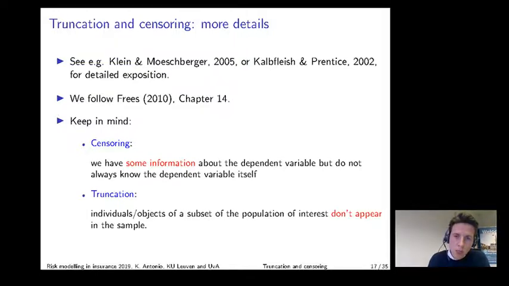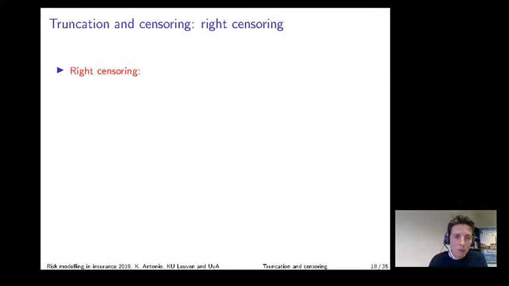With truncation, some individuals of a subset of the population of interest do not appear in the sample. For example, in the disability insurance setting, individuals in disability for whom the time in disability does not exceed the waiting period are not spotted by the insurance company. You can find the necessary notational details to work with right censoring in your data on this sheet.